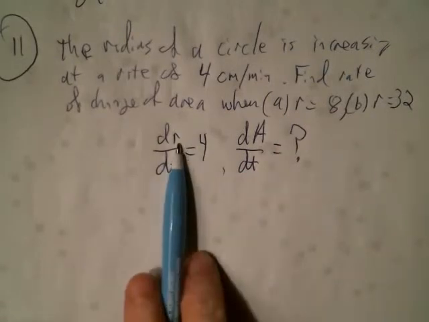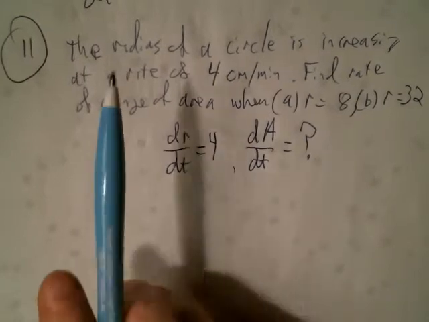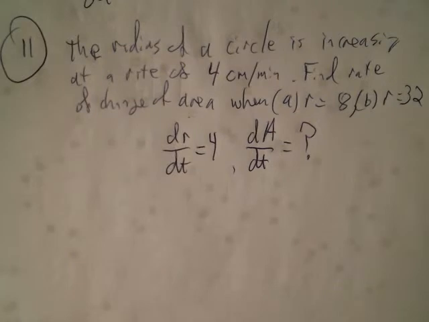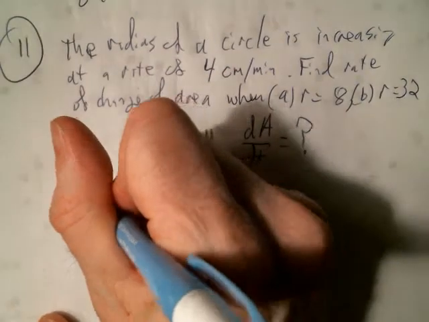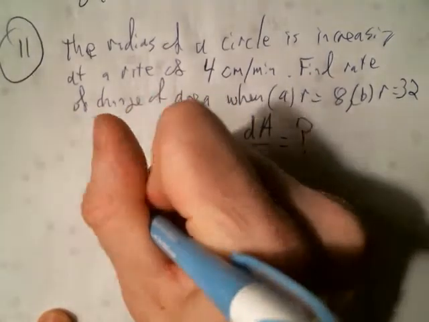So we want a formula that's going to relate r, radius, and A. We're talking about the area of a circle, so we have a formula for that from geometry, in particular A equals pi r squared.